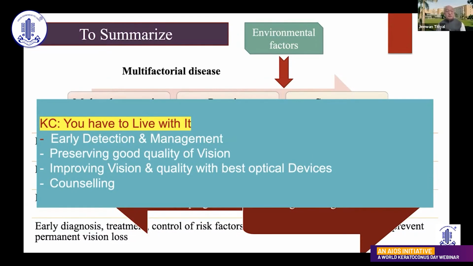So our idea is to detect it as early as possible before the physical damage happens in the cornea, so that we can preserve your good quality of vision and good quality of life. Because once the distortion has occurred, it cannot be made normal as such. The basic idea is to understand the disease and pick it up early enough so that we can preserve your vision quality.